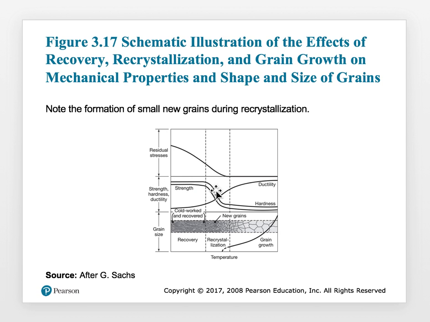After a short time, the strength actually starts going down drastically, and then the grains will start growing, and you recover your ductility completely. So what does it tell you? If you combine this recovery, recrystallization, and grain growth process with your cold working, then you can actually deform your material as much as you want. I mean, not 100%, but it is much easier.